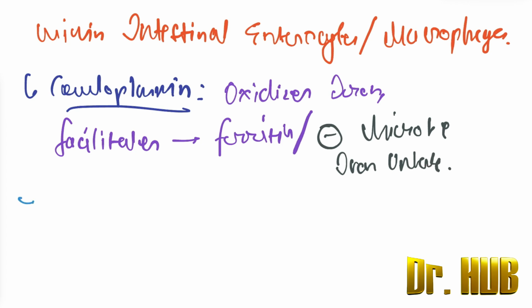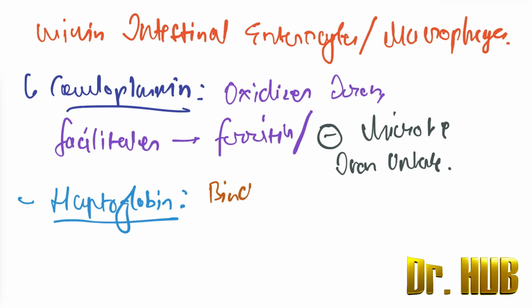Then comes the haptoglobin. In terms of haptoglobin, it binds to hemoglobin, and it inhibits the microbes' iron uptake.